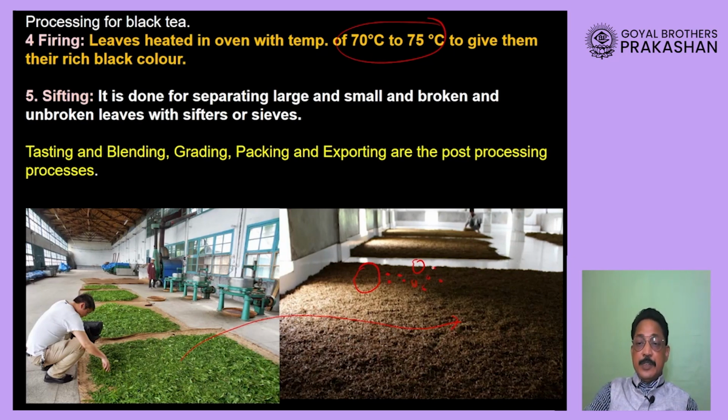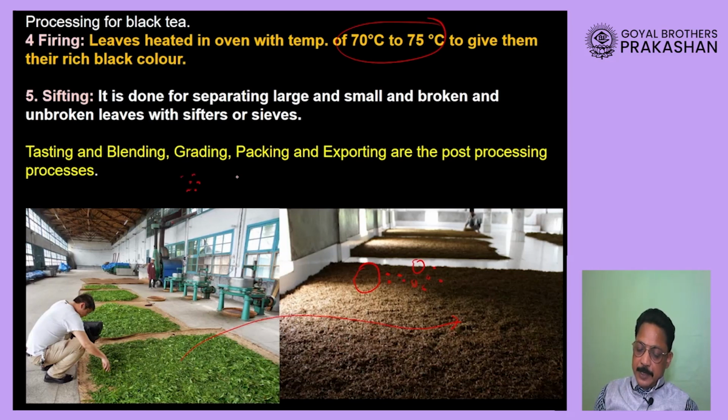So we have to separate them because some people like the tea powder, some like the big grains of the tea. So a process called sifting will separate the tea into different sizes that we use in our day to day life.